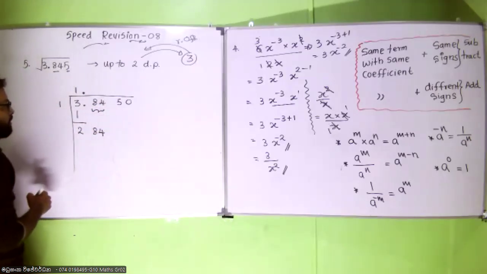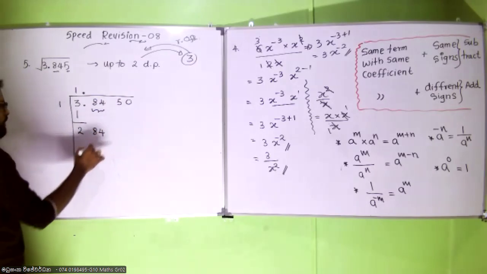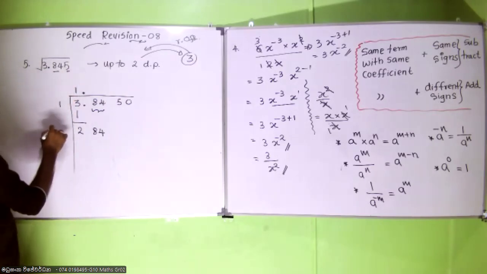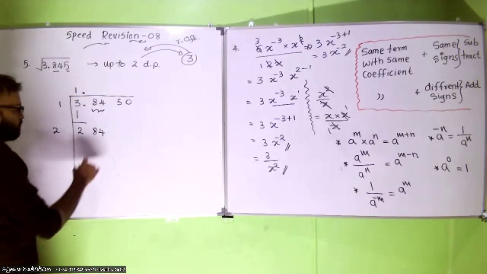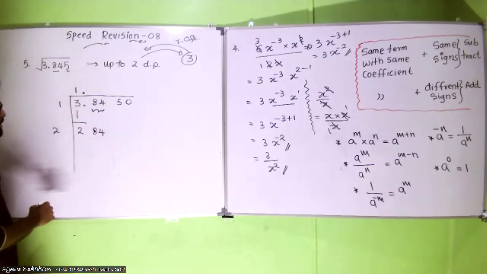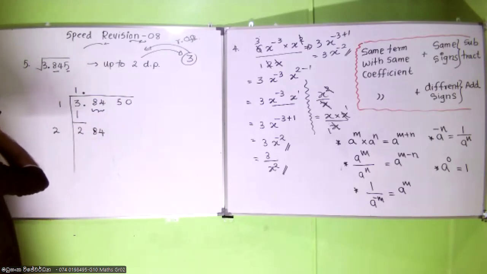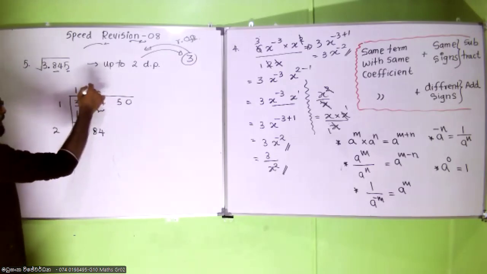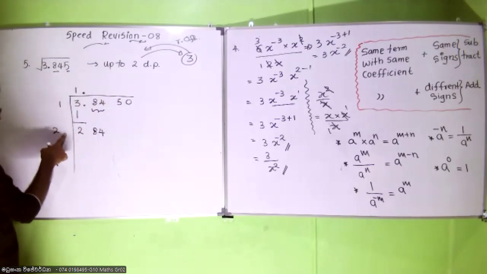Then take this 84 down. Now you have 284. Right? 284. Now double the quotient, 2. If you put 8 here, 8 here, you can write 8 times 2... It's not.